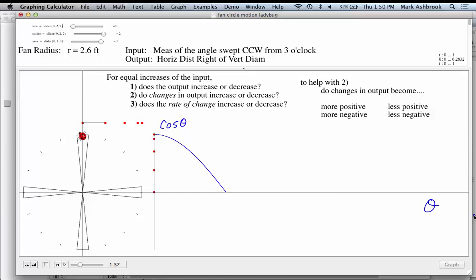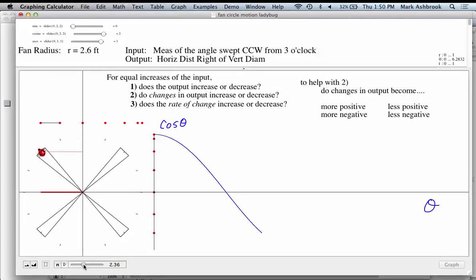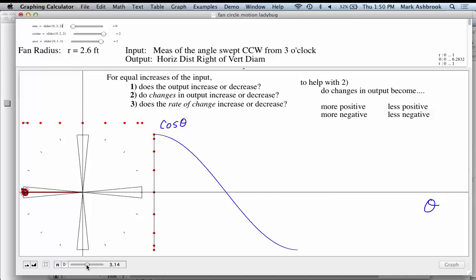Okay, in the second quadrant, what does cosine do? Hamid? From 0 to -1, because it's moving to the left, away from the vertical diameter. And so now it's -1 to the right of the vertical diameter once you get to pi.